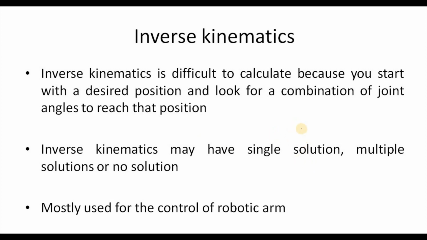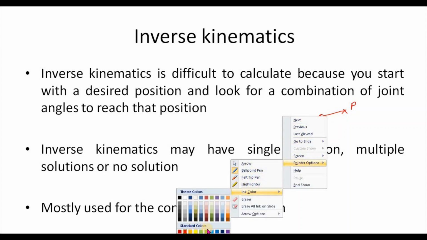So for multiple solutions, for example, let's say we have to reach a point P. Let's say this is the point P here, marked with X. So we know the location of point P and we have to find the angles that the robotic arm has to make to reach this position. The problem is that there can be multiple options.